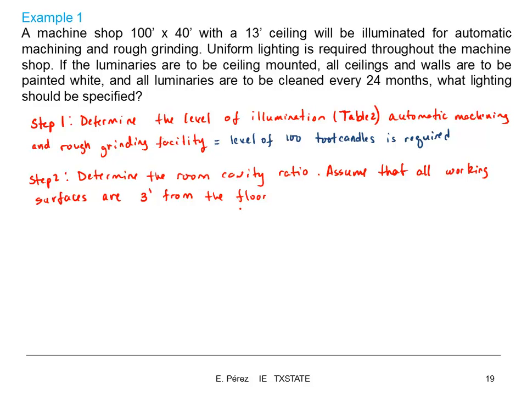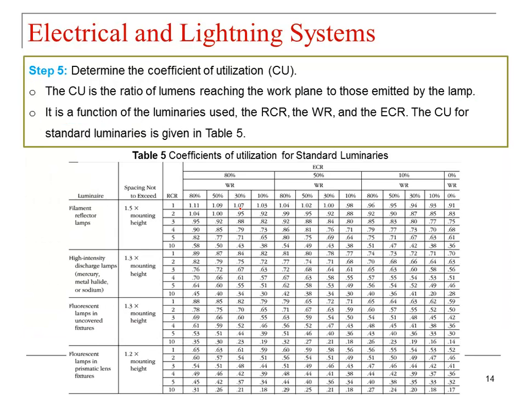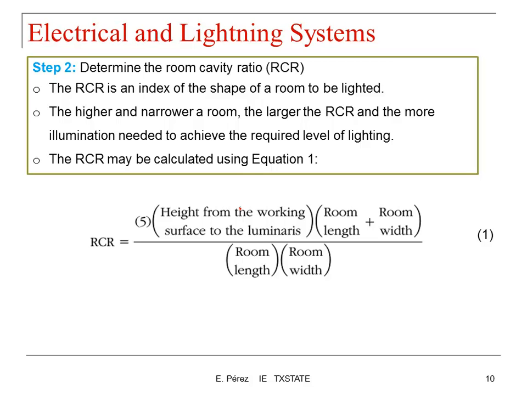So to compute the room cavity ratio, we go to the RCR ratio, step 2. It's right here. So we need the height from the working surface to the luminaries. This is a 13 feet height facility, so we're going to subtract 3 from that, and that's going to give us the height from the working surface to the luminaries. And then we have the room length, the room width, and same information. So let's compute that here.